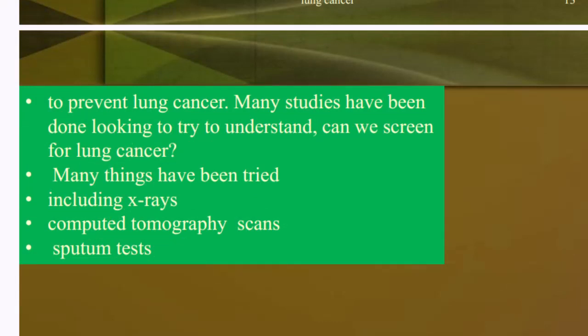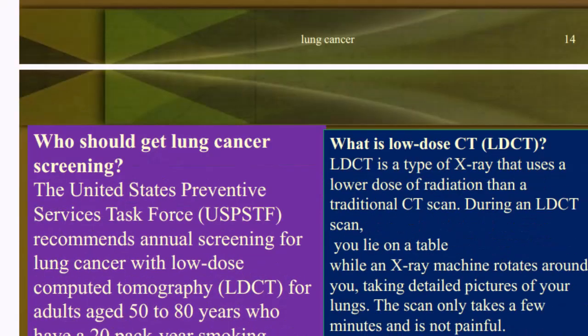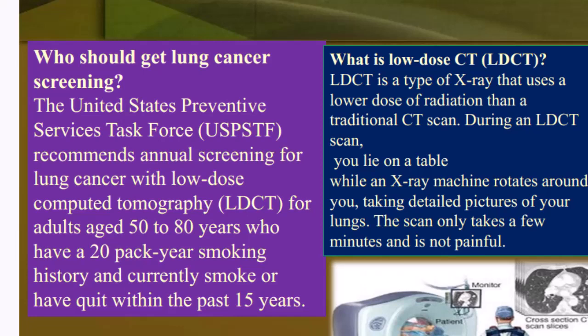To prevent lung cancer, many studies have been done trying to understand how we can screen for lung cancer. Many things have been tried, including X-rays, computed tomography scans, and sputum tests. Who should get lung cancer screening?